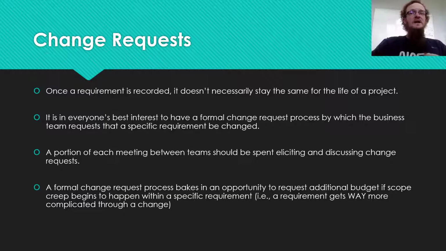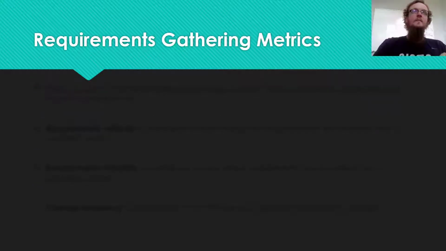So again, the point of a formal change request is to bake in this implicit step in the process where if a client is requesting that a requirement change drastically, they are making it obvious, at least to themselves, that that's going to have some impact on the budget, and that they should be prepared to come to the table with more resources, or they should expect the project timeline to lag a little bit as the development team processes and tries to actually implement that large change.